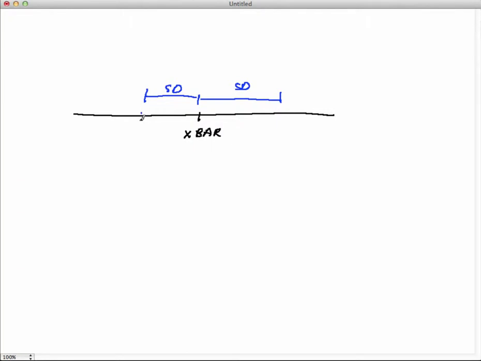I mark these places on my axis: this is going to be xbar plus one standard deviation, and down here, this is going to be xbar minus one standard deviation.